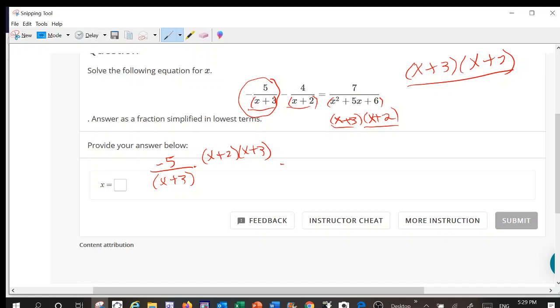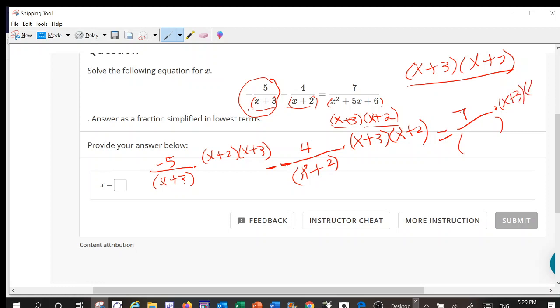Minus, I'm going to just keep the 4 there because I have a minus here. 4 over x plus 2, and then times x plus 3 times x plus 2 equals 7 over this whole thing times x plus 3 times x plus 2. Now, this thing we know is the same as the factors that we just found, so they cancel each other. So on the right, we just have 7.